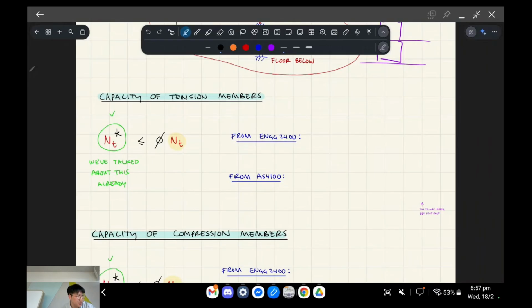The first thing, as we discussed earlier, is this reduction factor, which you can just pull from the table. For the case of tension in a steel member, this is 0.9. So we're just going to pretend it's 10% weaker than it actually is. That's just a flat rule. Next is how do we get NT? That's the capacity of it.